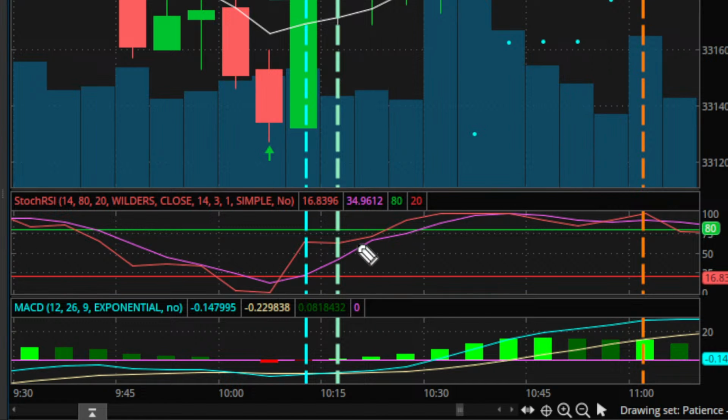On this second line, you can see based on this histogram right here that it had turned green, so the crossover did occur. That's bullish to me. And on the stochastic RSI, I like to go long when we are on the overbought side, which is above this green line. Not quite there, but the trend is definitely heading that way. That would have given me confidence to enter based on the time base indicator.